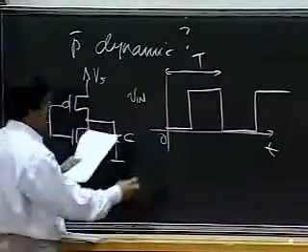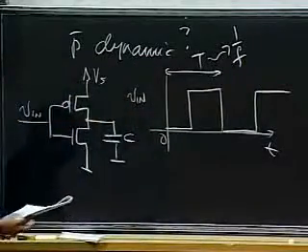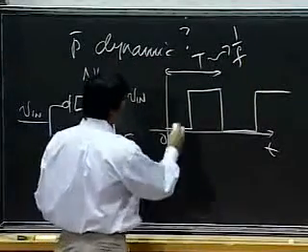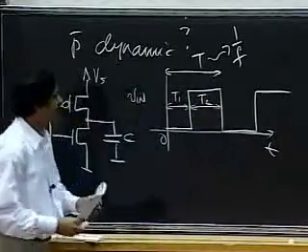The cycle time T, and the frequency is 1 by T. And let me assume that this is T1 and this is T2.